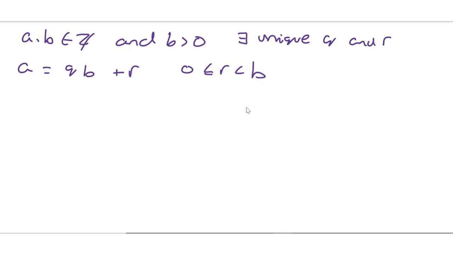And using this division algorithm, we can perform something called the Euclidean algorithm, which helps us find the greatest common divisor between any two numbers. And essentially, the method is we use this.